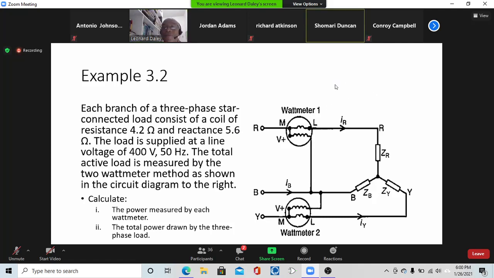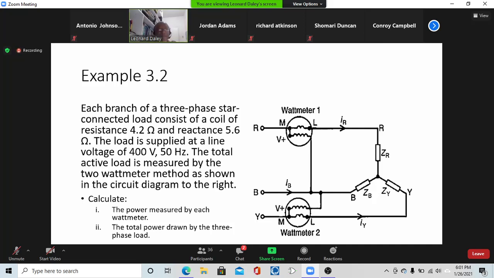Red phase voltage, sir. Right. Red phase voltage. All right. So it sounds like you're on the right path. So I'll give you 10 minutes.